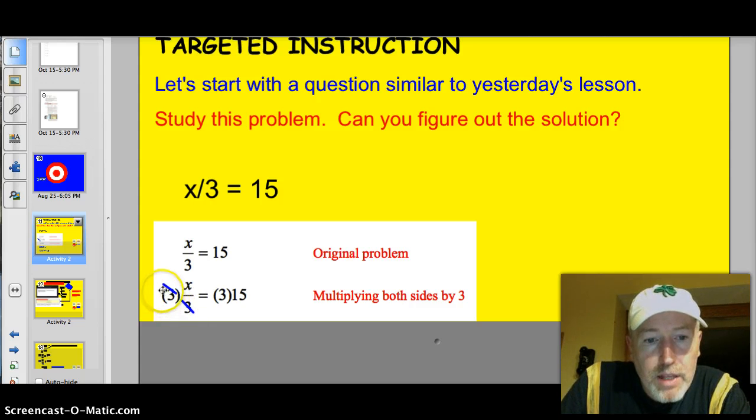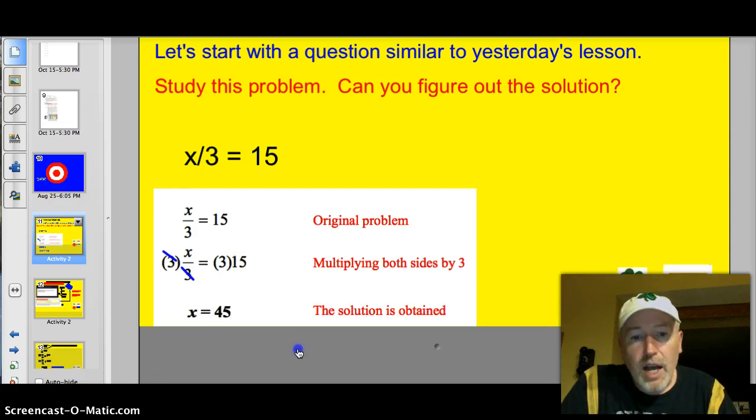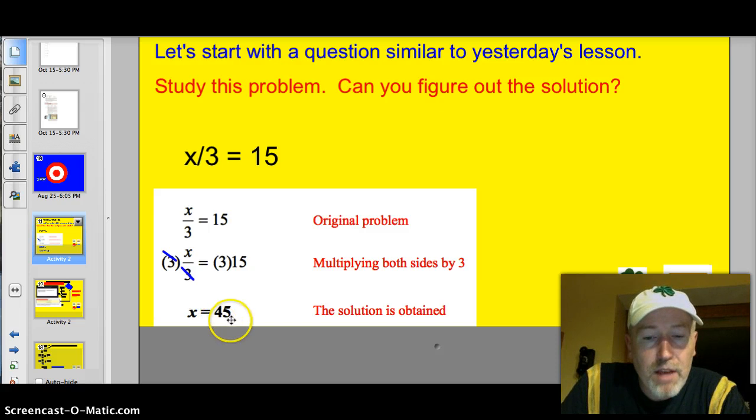So I'm going to multiply the x over 3 by 3, and I'm going to multiply the 15 by 3. Well, on this side the 3's cross themselves out because this is a numerator and this is a denominator. So I just end up with 3 times 15 on this side. And when I simplify that, I just end up with x equaling 45.